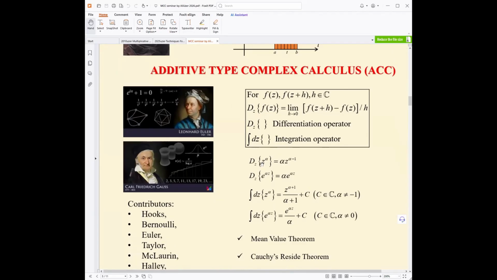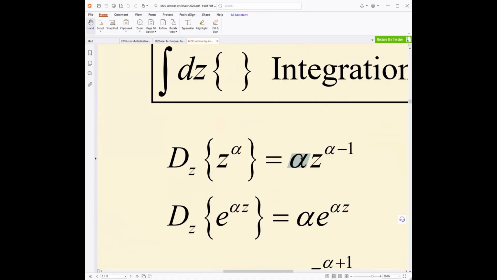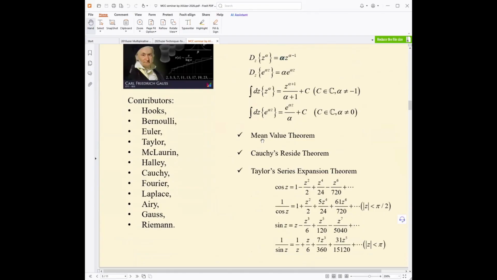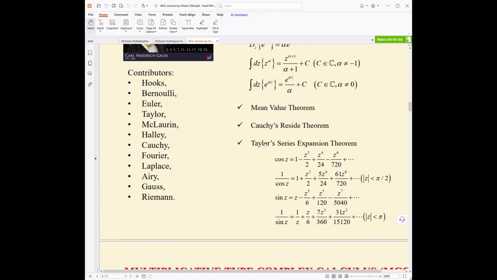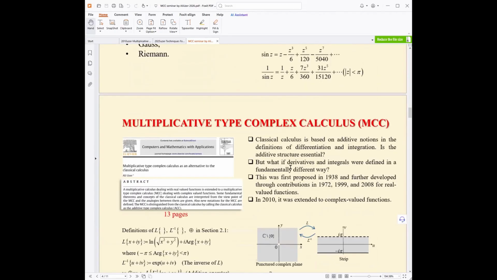For example, the derivative of z to the power alpha is alpha times z to the power alpha minus 1. And there are lots of interesting theorems: the mean value theorem, Cauchy's residue theorem, the Taylor series expansion theorem, the Taylor series of a cosine function, or 1 over cosine function. They can be given in these forms. We know all these, and they are called classical calculus. We are very familiar with it.